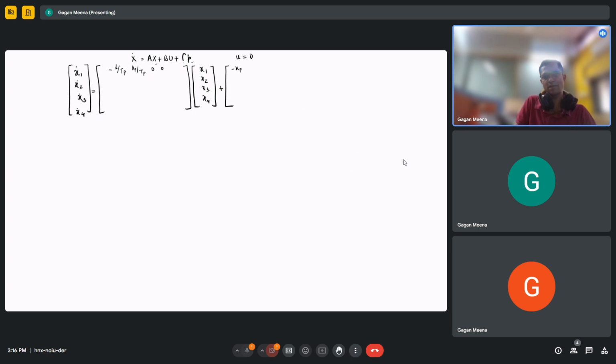This is minus Kp by Tp, 0, 0, 0 into delta PL. The next rows are 0, minus 1 by Tt, 1 by Tt, 0; minus 1 by R Tg, 0, minus 1 by Tg, 1 by Tg; minus Ki, 0, 0, 0.